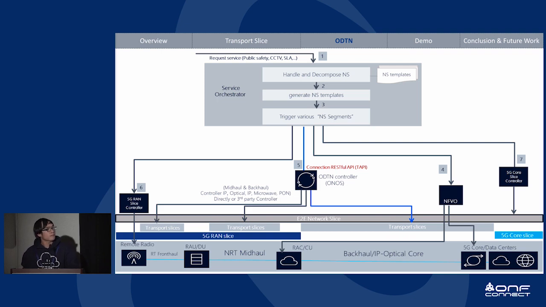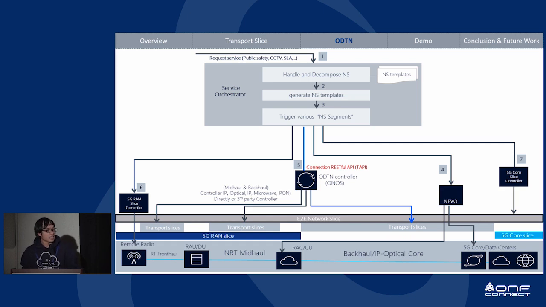At the first step, the orchestrator receives the end-to-end network slice request, handles the request, extracts the information, and decomposes the end-to-end network slice into the network slice segment of each network domain.